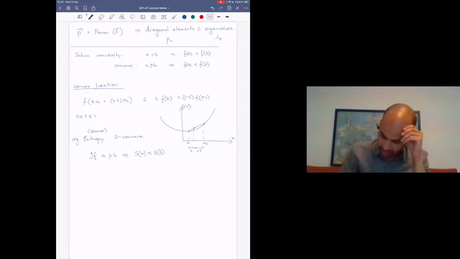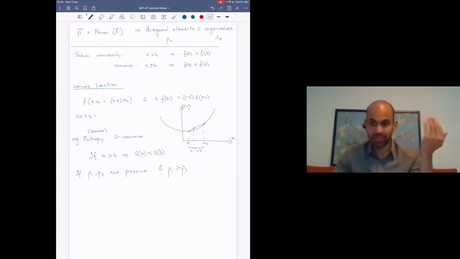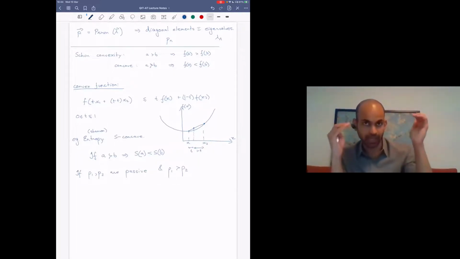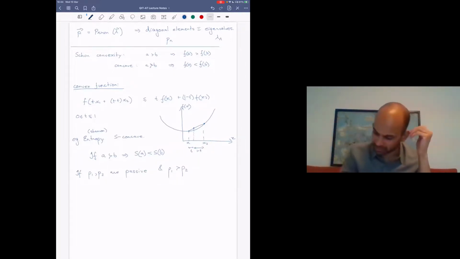So for instance, if rho 1 and rho 2 are both passive, and rho 1 majorizes rho 2. Now remember, the reason I can write majorization on a density matrix is because we already know which basis they are diagonal in, and we are already looking at the vectors or the elements in that basis.